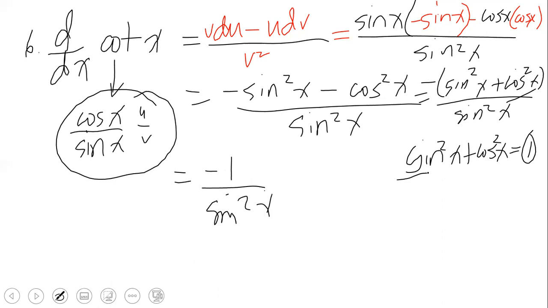Yan, sine squared x plus cosine squared equal to 1. So, simplify na lang natin. So, which is equivalent to negative cosecant squared x.